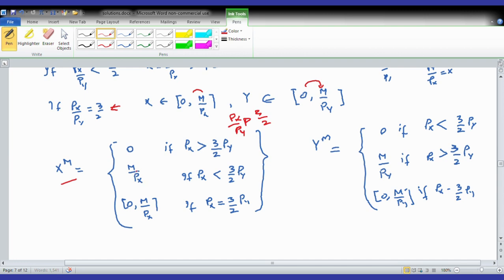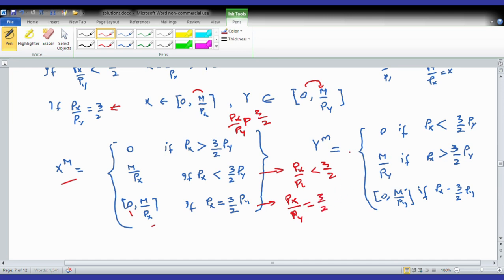Similarly, it is equal to m over px if price of x is less than 3 over 2 py. This is the case where px over py is less than 3 over 2. And it is anything between 0 and m over px if price of x is equal to 3 over 2 py, which is like saying that px over py is equal to 3 over 2.